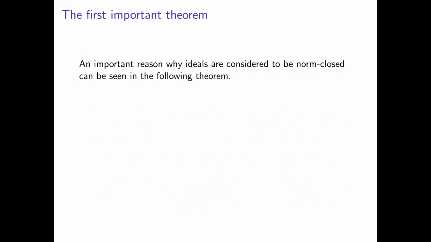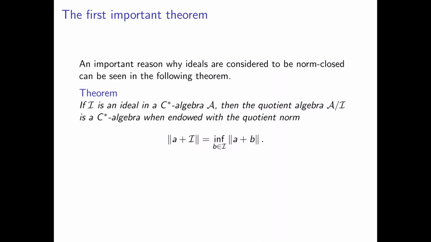And once we have this lemma, we can state the first kind of important theorem for us. And it's also another reason why we only consider norm-closed ideals. And that is that if I is an ideal in a C-star algebra, then we can take the quotient A divided by I and quotient out this ideal, and we still have a C-star algebra afterwards when we endow this quotient with the following quotient norm.